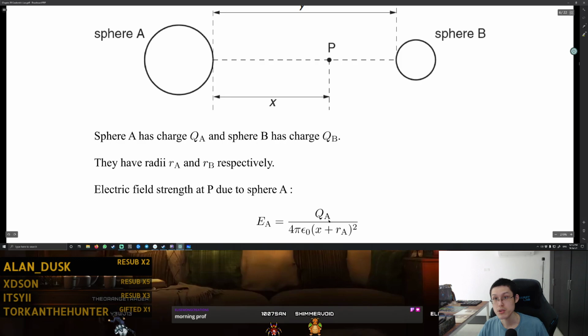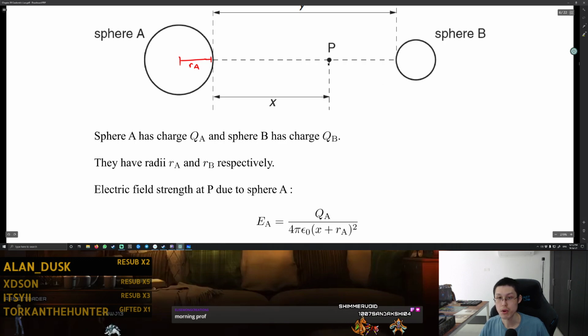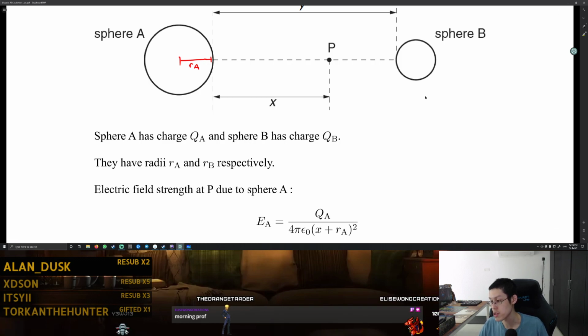So r is going to be the radius of A, so from here to here, plus x, because this is the distance from the center to point P, because we are treating the sphere A as a point charge. So that we're assuming that the charge is concentrated at the center of these spheres. Okay, because when we use these equations, we have to assume they are point charges.